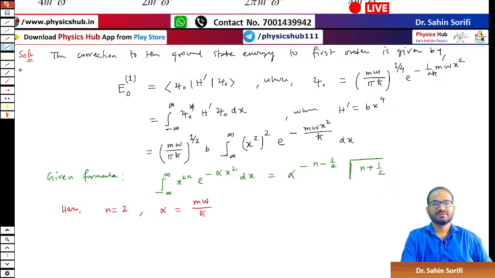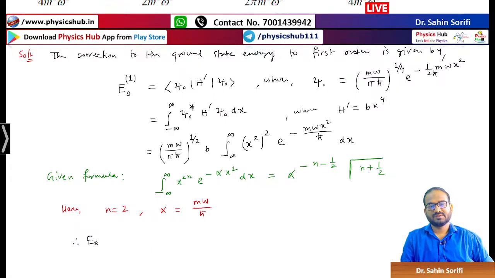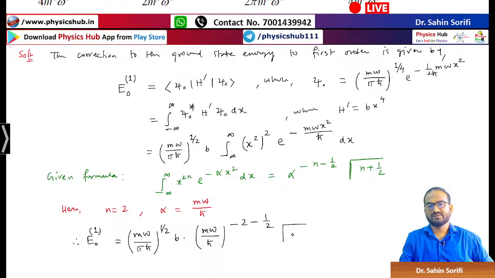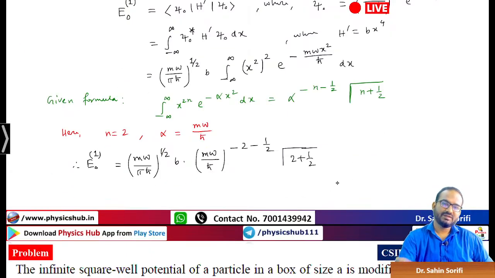Hence this first order correction E0 will become (m omega by pi h cut) to the power half times b, and we just simply put in the formula. Alpha, which is m omega by h cut, to the power minus (n plus half), gamma of (n plus half), so 2 plus half. See how simple it is.